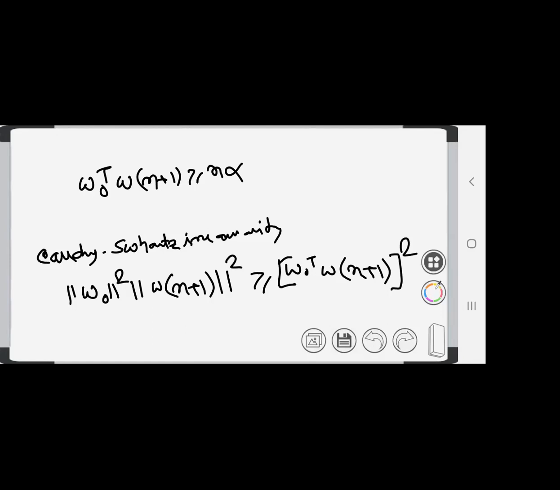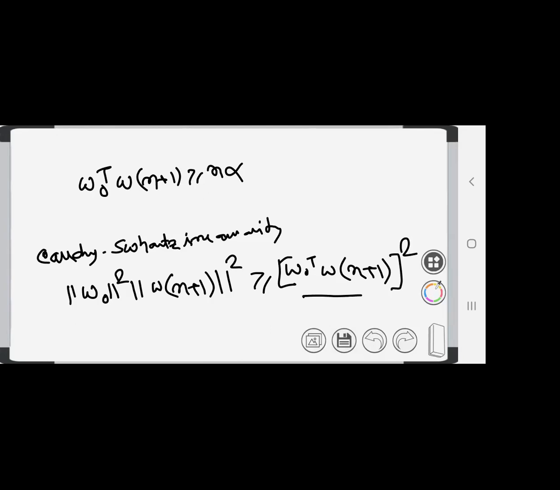This double modulus denotes the Euclidean norm of the enclosed vector, and the inner product W naught transpose W n plus 1 is a scalar quantity.